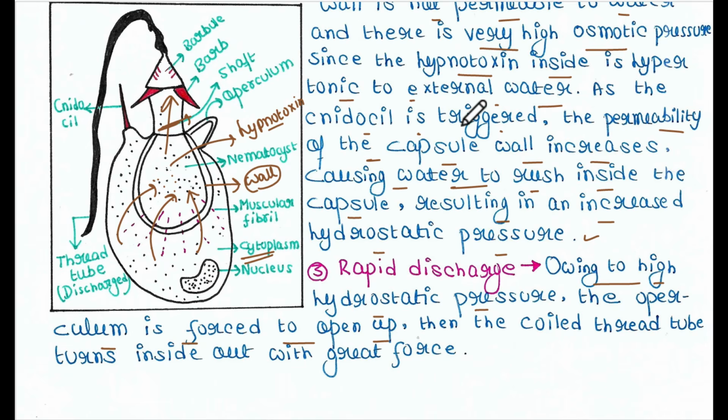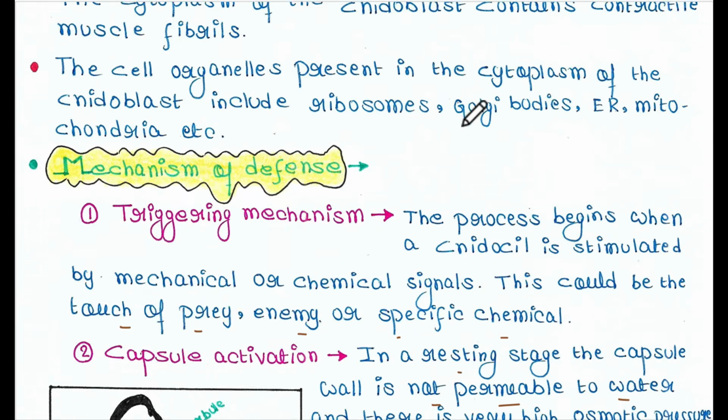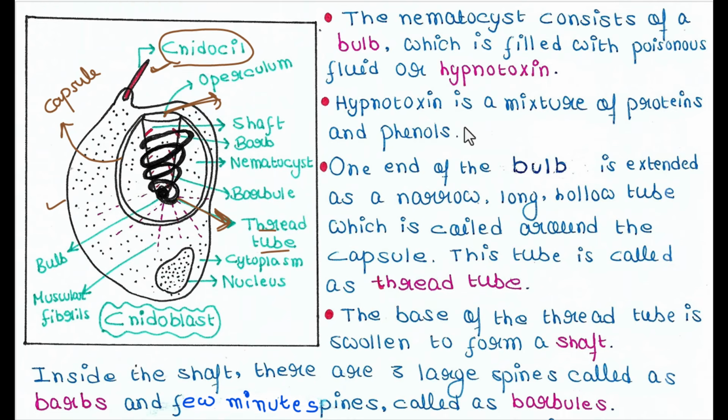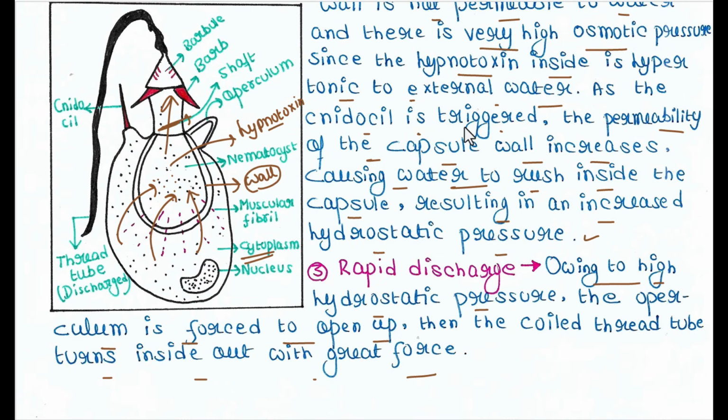Then the coiled thread tube turns inside out with great force. And we know that inside the capsule there was the coiled thread tube. So it will now come out along with the operculum.